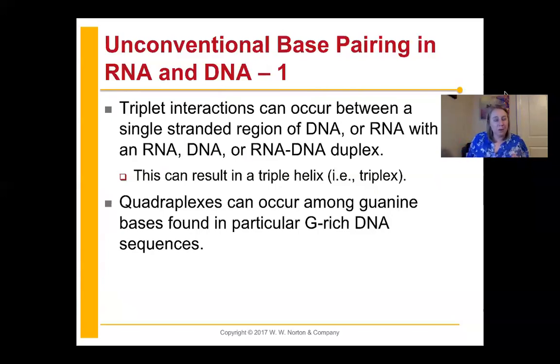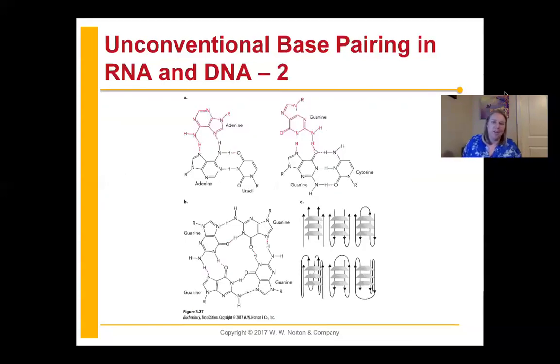Okay, so we're going to talk about some other unconventional base pairing in DNA and RNA. And you can have an interaction of 3 strands of DNA, 3 strands of RNA, RNA and DNA, right? You can have lots of really different, interesting combinations, and you can even get quad where you have 4, right? And it occurs actually in a lot of guanine-rich regions. And it doesn't happen very often, but they can have functional and structural roles in the cell.